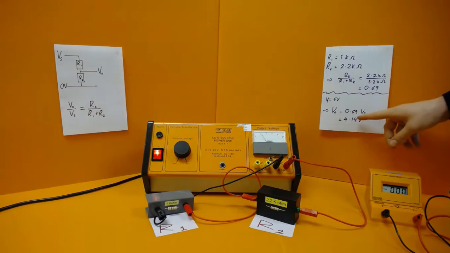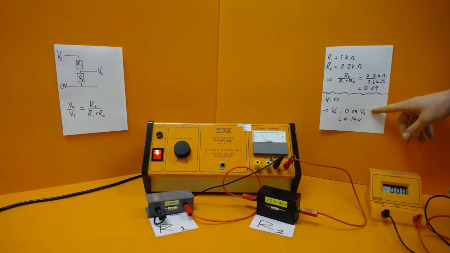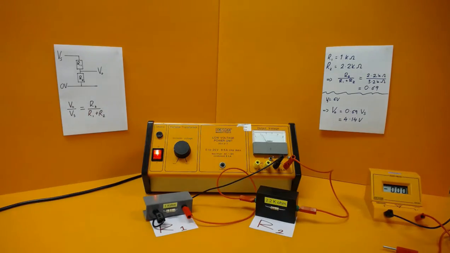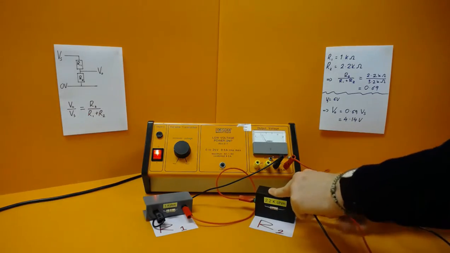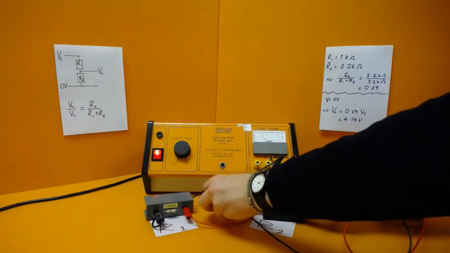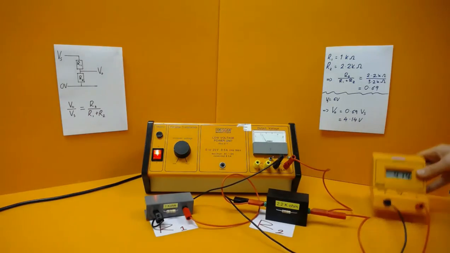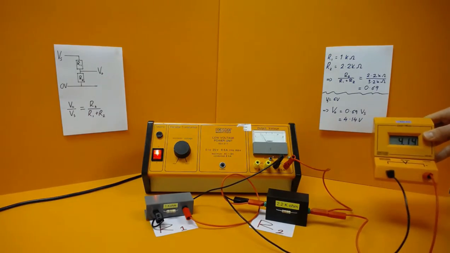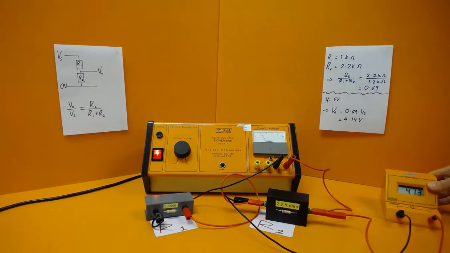So our output voltage will be 0.69 multiplied by the supply voltage, so 0.69 times 6 volts, and that equals 4.14 volts. So we can now take the voltage of R2 to verify this experimentally. So it's 4.14 volts.